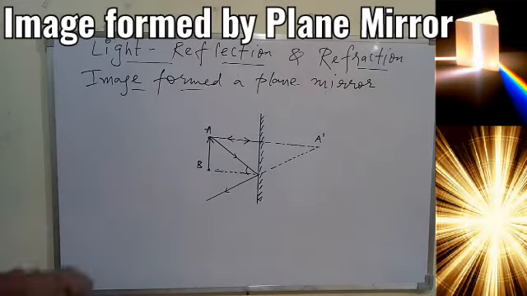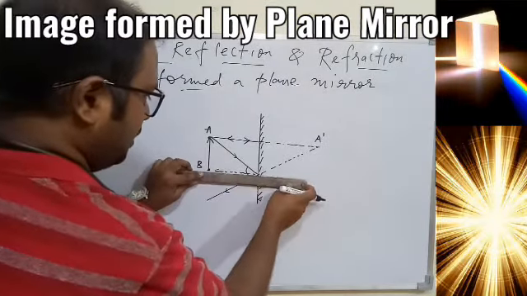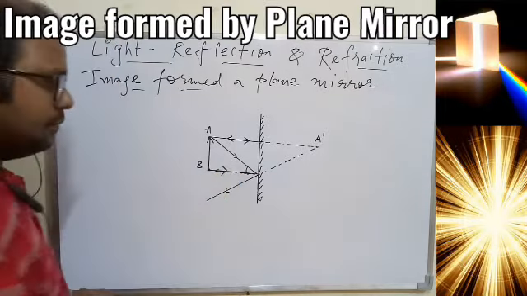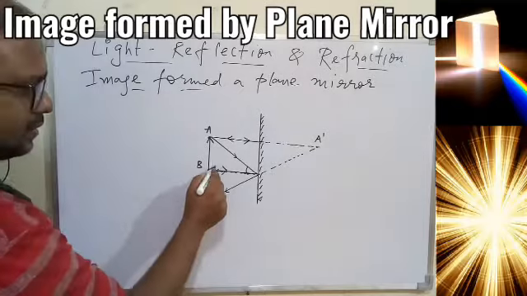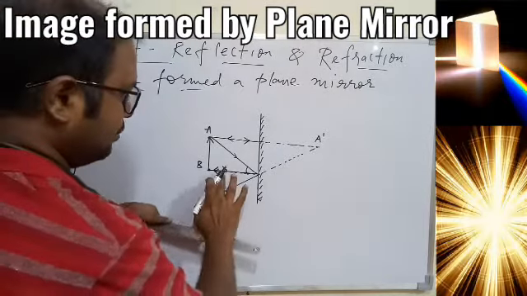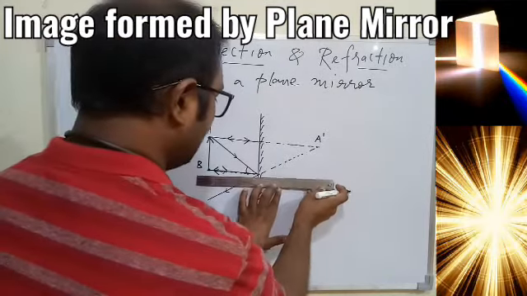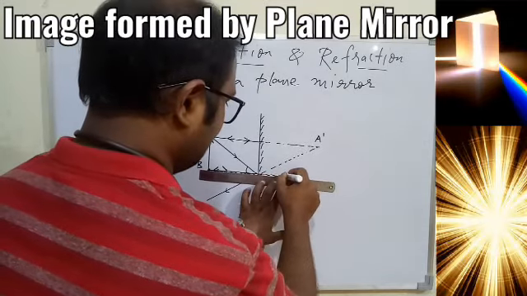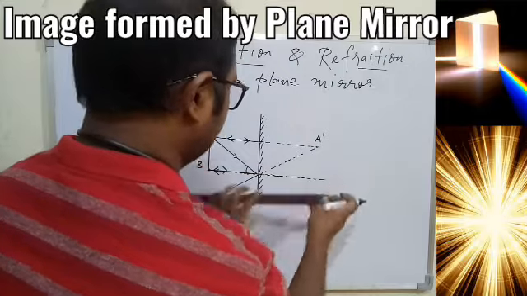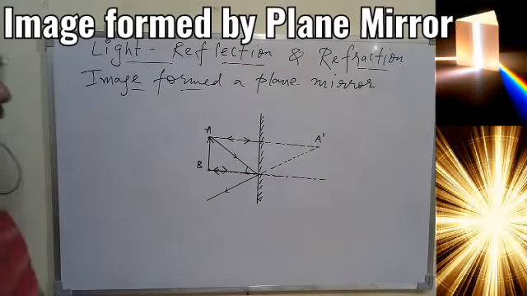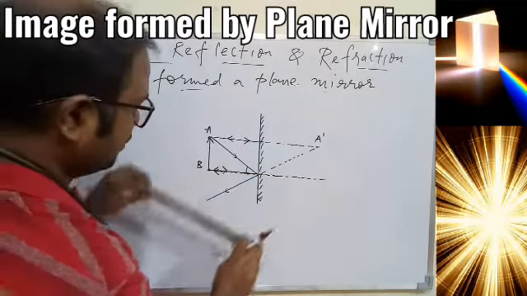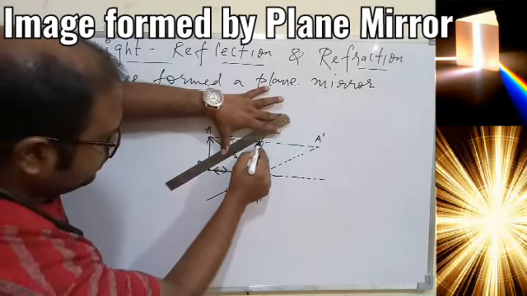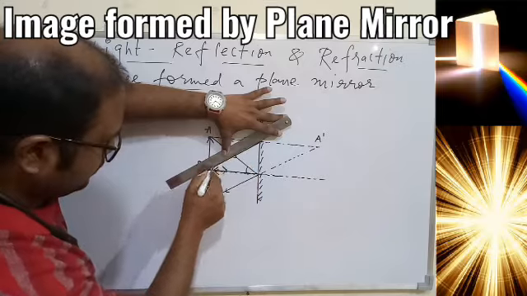So let's apply the rule again. Here we can again take the normal, and we know this ray will get reflected back, so we can extend it forward the same way that we have done. And for this you can find another ray. Let's take another one here.